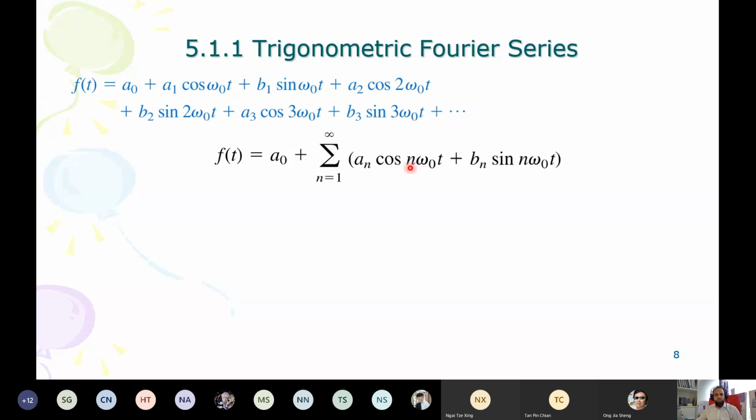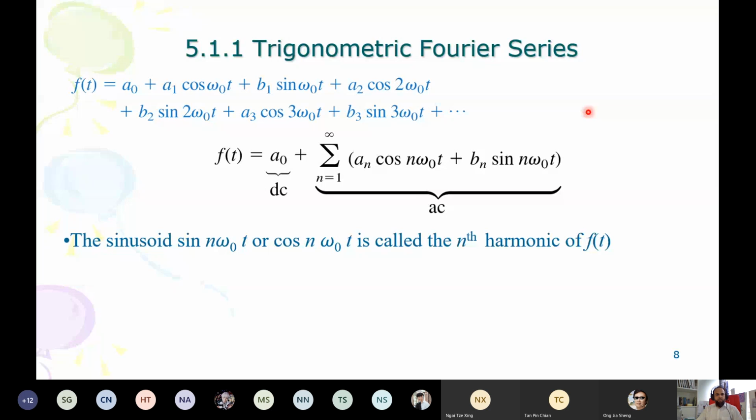So it's a1 cos omega naught t plus b1 sin omega naught t plus a2 cos 2 omega naught t plus b2 sin 2 omega naught t plus a3 cos 3 omega naught t plus b3 sin 3 omega naught t, and so on. This is a closed form because we cannot keep on writing all these terms. So this is the DC component and this is the AC component. All right.